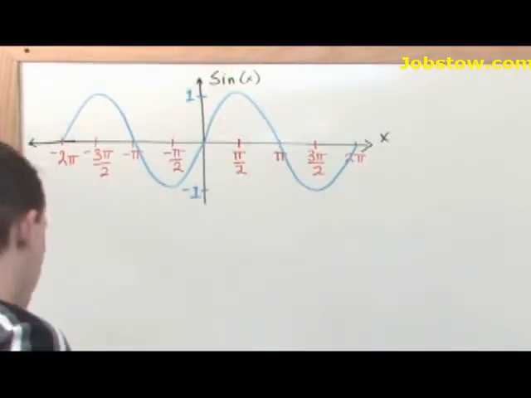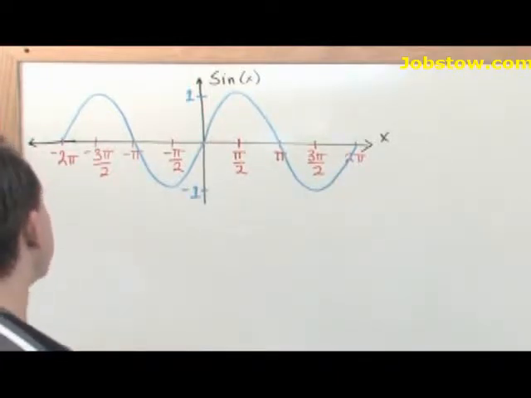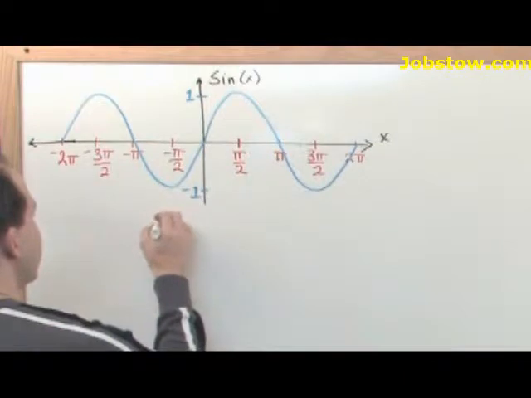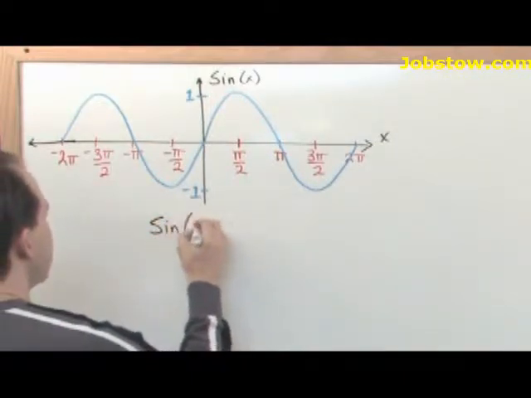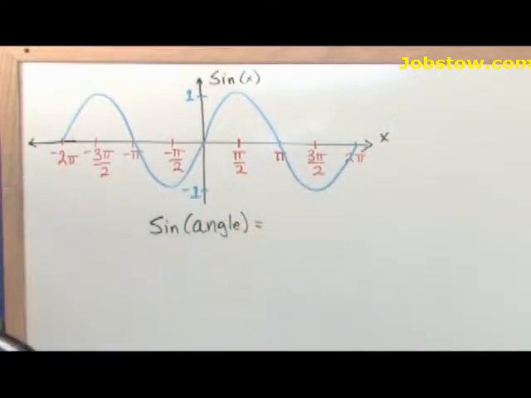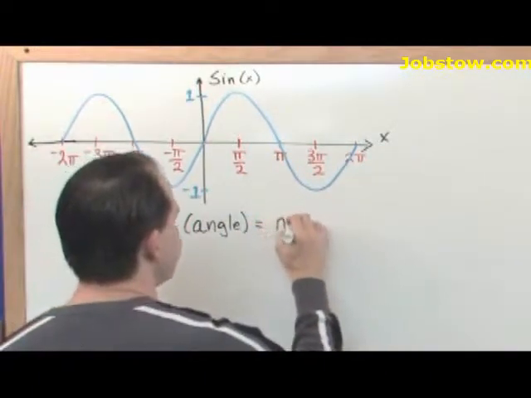Now what I want to call to your attention is the obvious. If you take the sine of an angle, what you get back out of that operation is a number.